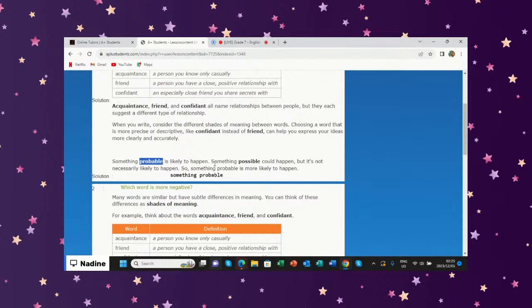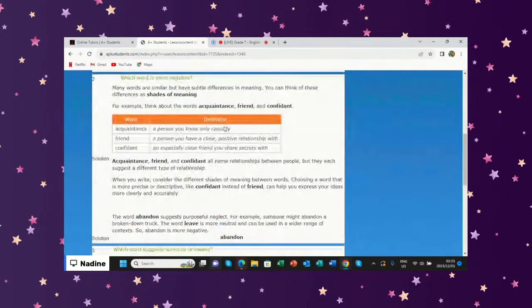But at least you know it could happen. But when you use the word probable, we use it because it's more likely to happen.